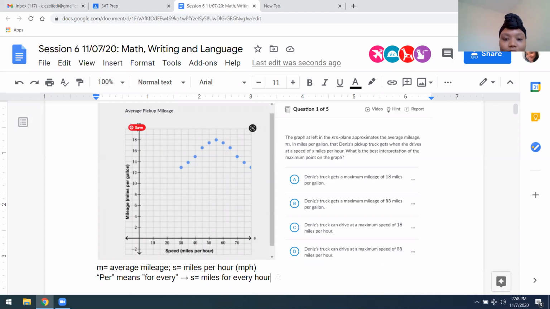So yes, the X axis is usually here and the Y axis is here. Okay, so what we're trying to realize is what exactly is this information? What is this graph telling us?